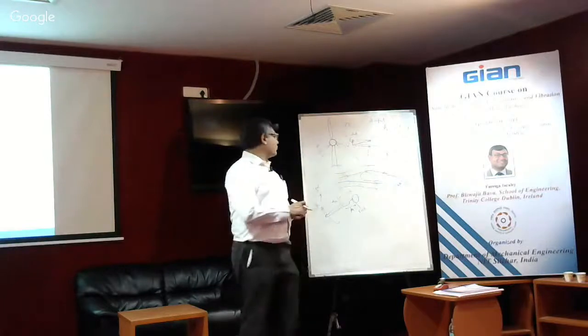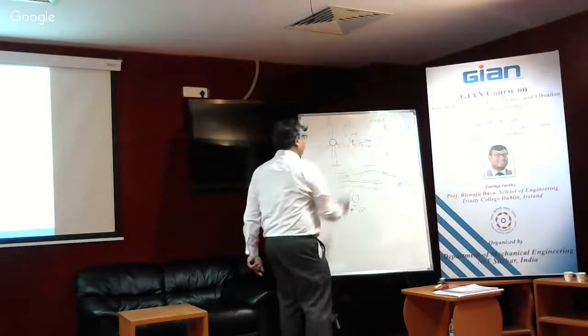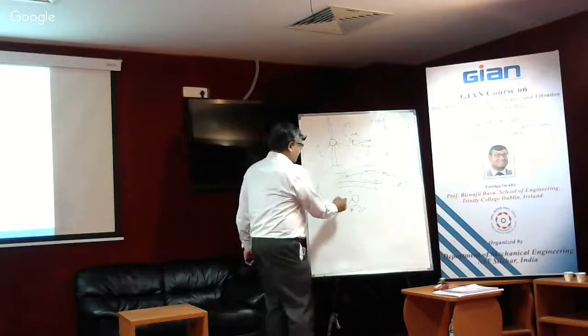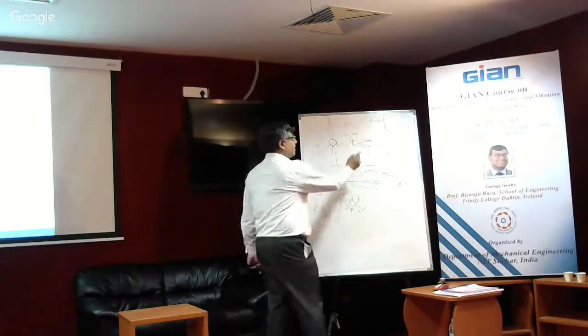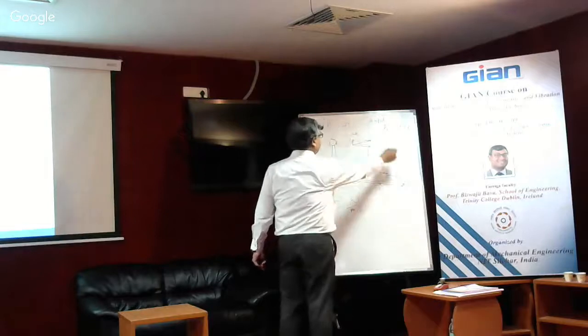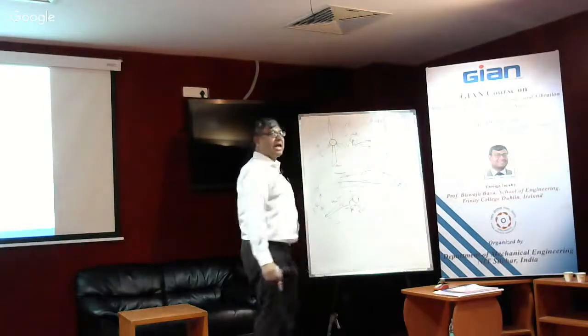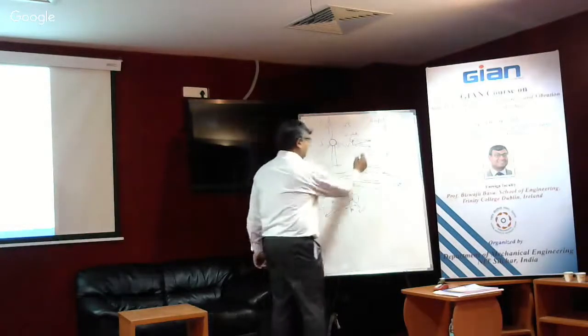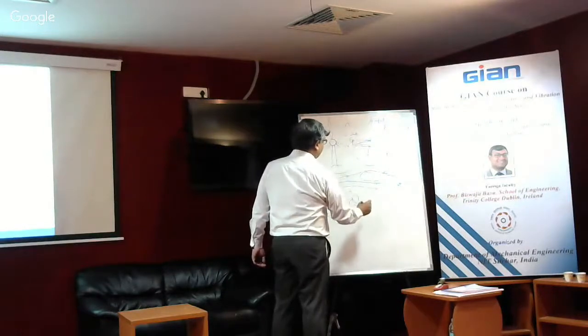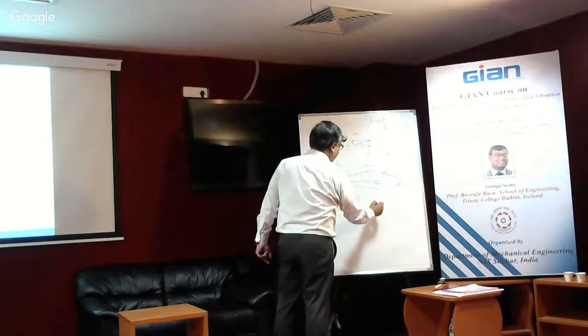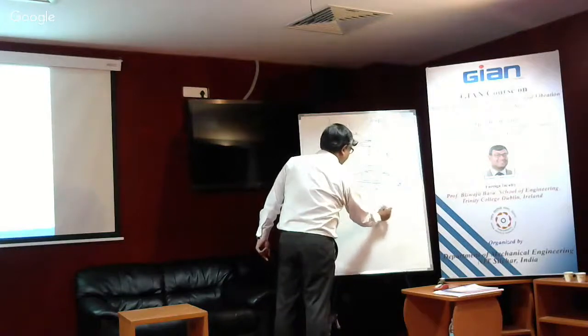So at this point, we have a cross section like this, but as we go along the blade, this particular airfoil section changes the angle. So here we have it like this, but if you move somewhere here, then effectively it is something like this.